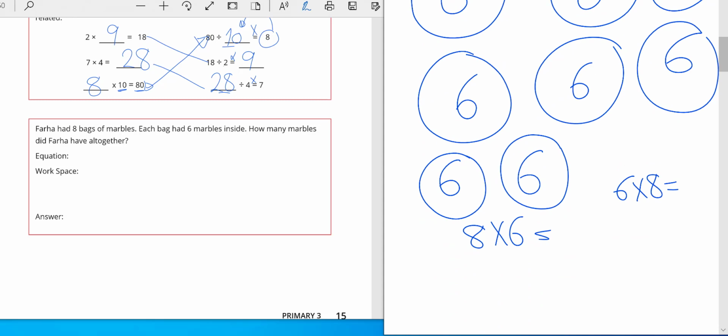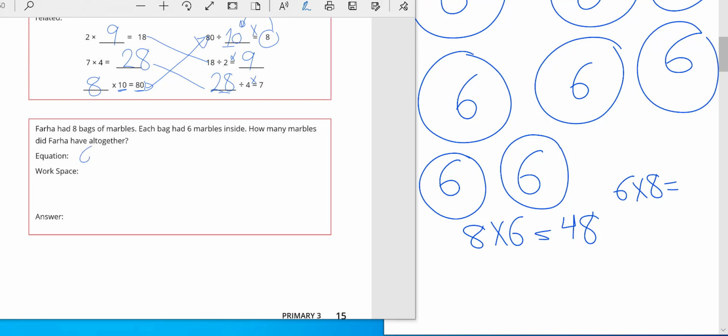Altogether equals 48. Now it asks me to write the equation. The suitable equation is a multiplication equation. So we can write 6 times 8 equals 48.